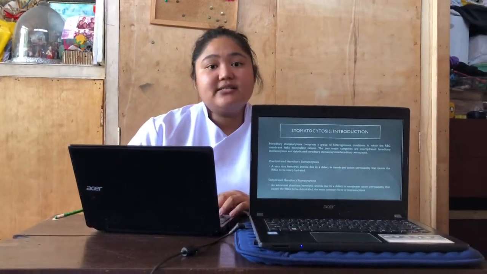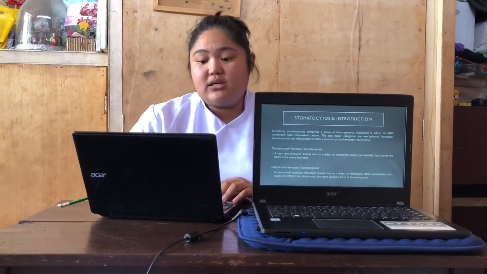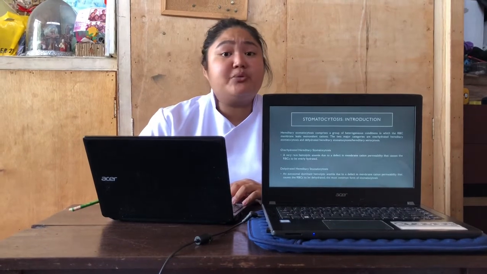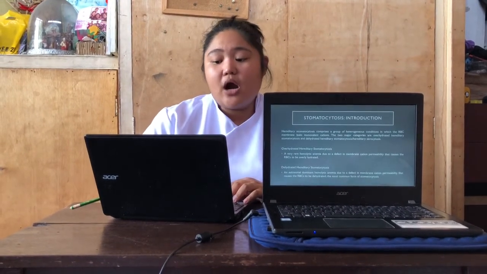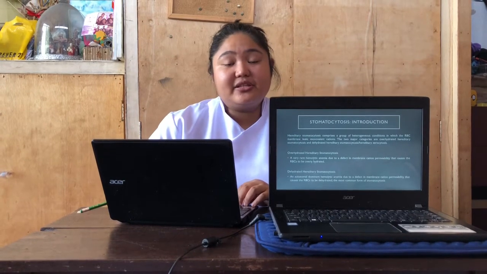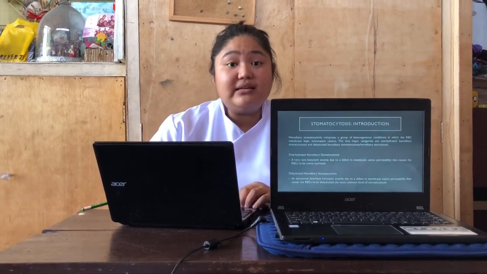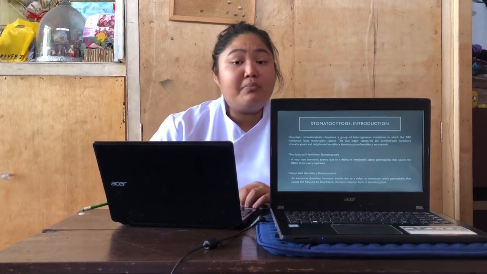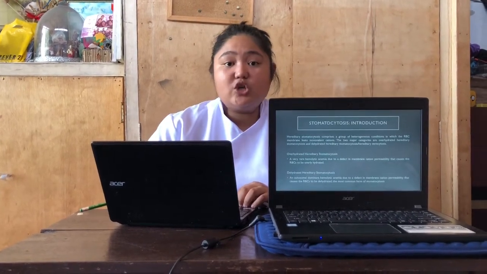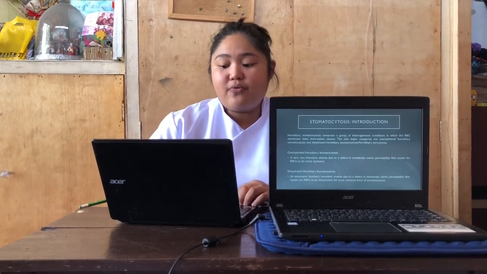Overhydrated hereditary stomatocytosis is a very rare hemolytic anemia due to a defect in membrane cation permeability that causes the RBCs to be overly hydrated. Dehydrated hereditary stomatocytosis, an autosomal dominant hemolytic anemia due to a defect in membrane cation permeability that causes the RBCs to be dehydrated, is the most common form of stomatocytosis.